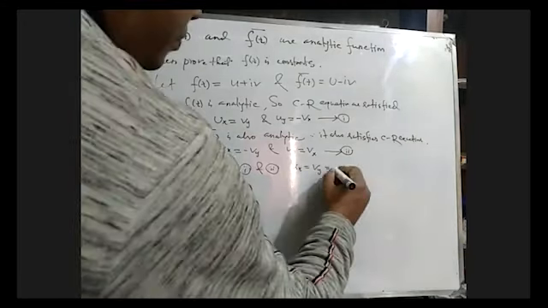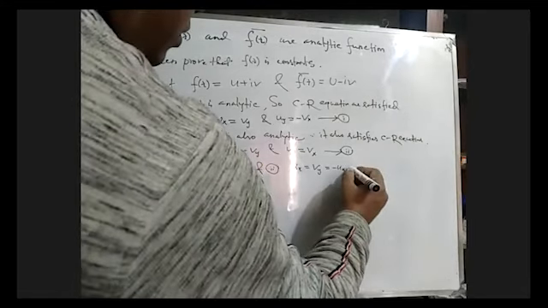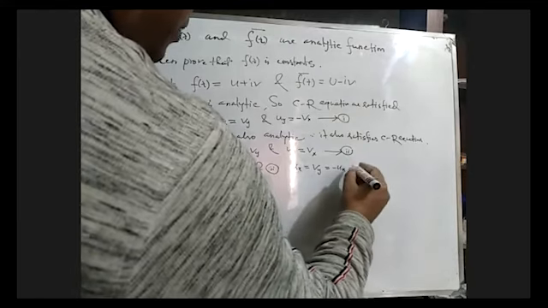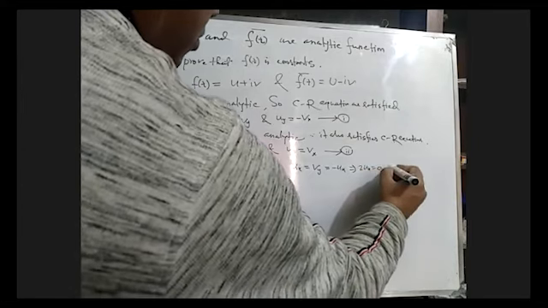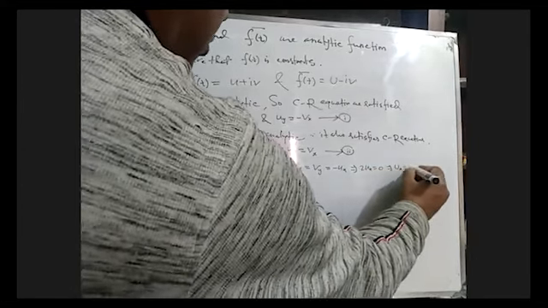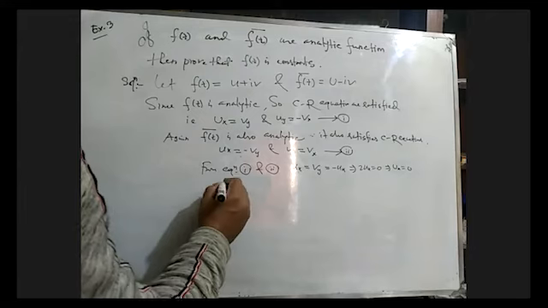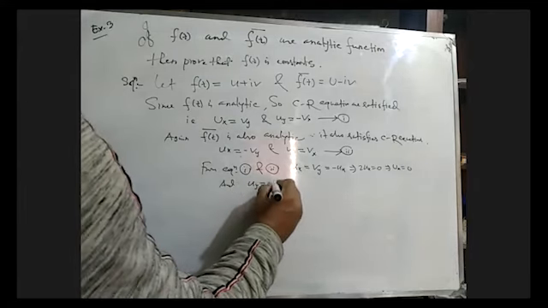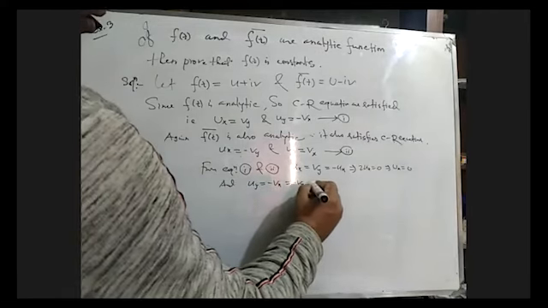Minus ux from this. This implies twice ux equals to 0 or ux equals to 0. And uy equals to minus bx. This equals to minus by.